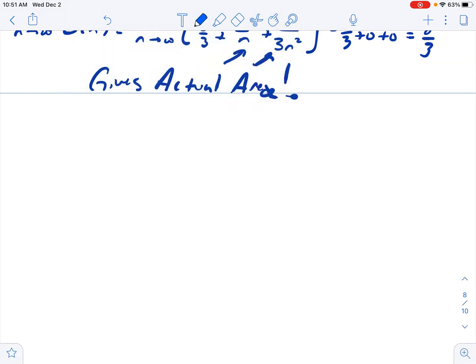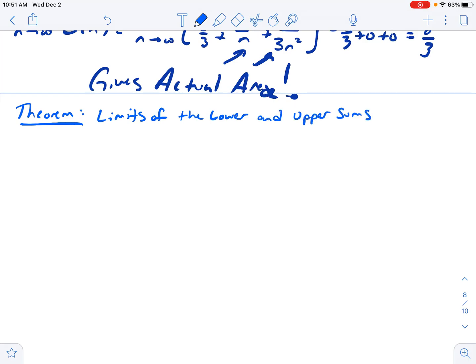Okay, so let's now put some ideas together with another theorem. Let f be continuous and non-negative. Okay, this is, by the way, the limits of the lower and upper sums. Okay, that's this theorem.